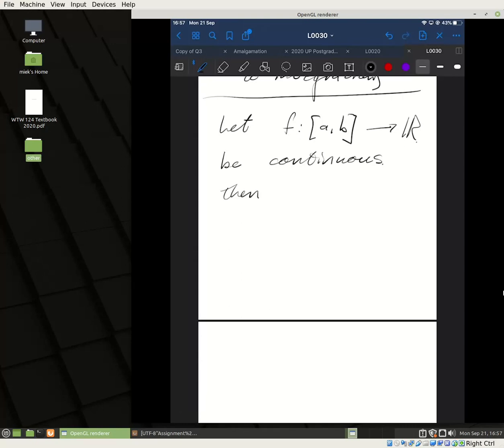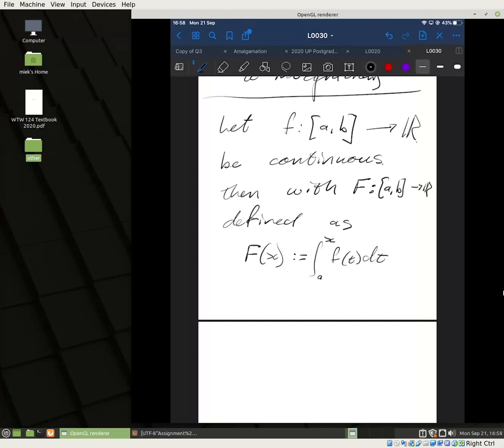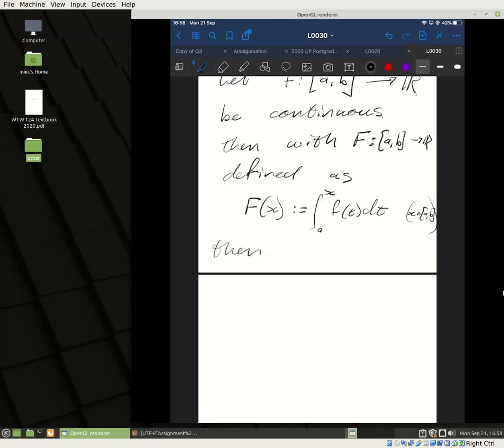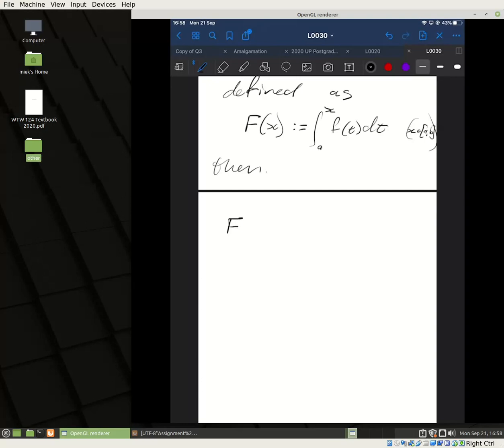Then if we define big F, capital F, on the interval a b to R as F(x) equals the integral from a to x of little f(t) dt, for all x in the closed interval a b, then F is continuous, and it is continuous everywhere on the closed interval a b.